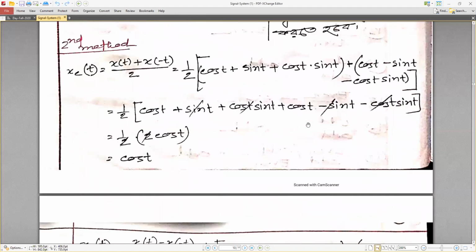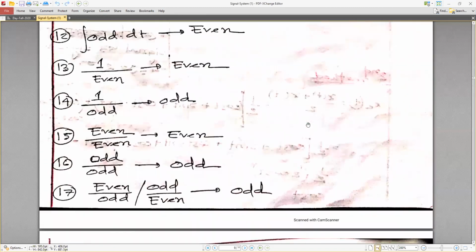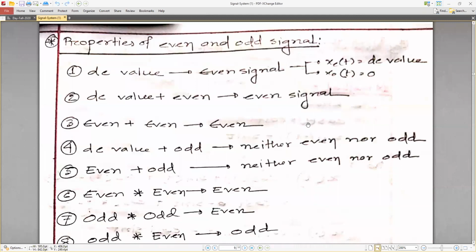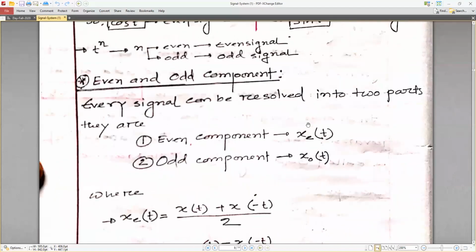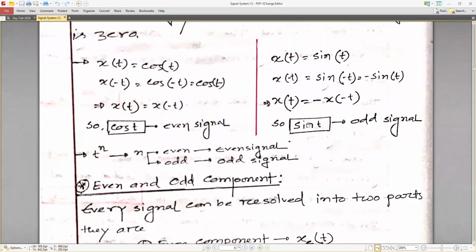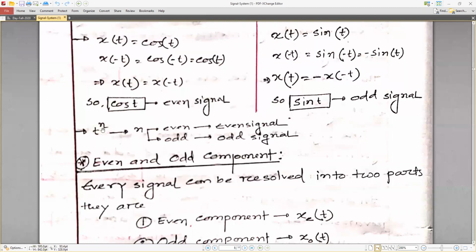Here, see another thing, let me show you. t^n: if n is even, it is an even signal; if n is odd, it is an odd signal. So this property applies to this one.